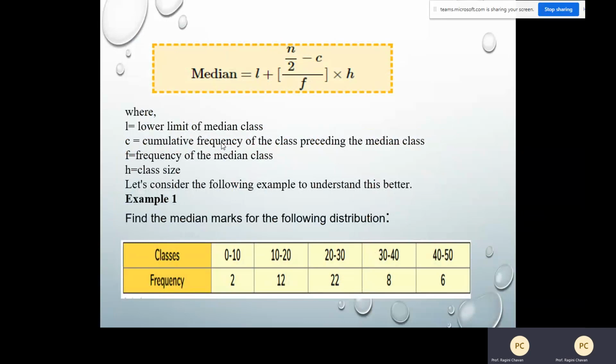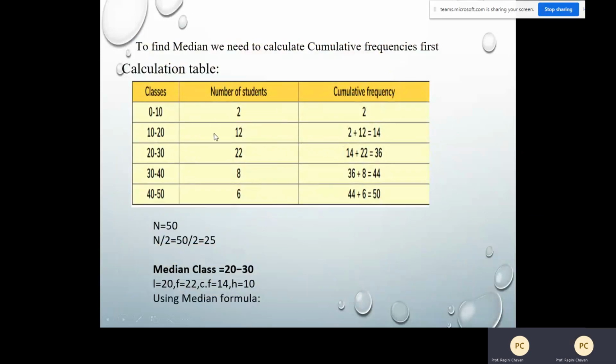We'll see an example. Here a continuous frequency distribution is given, with classes and frequencies. Now to find the median, we need to find the cumulative frequencies. Cumulative frequencies are obtained by adding frequencies. That means the first frequency is copied as it is over here.